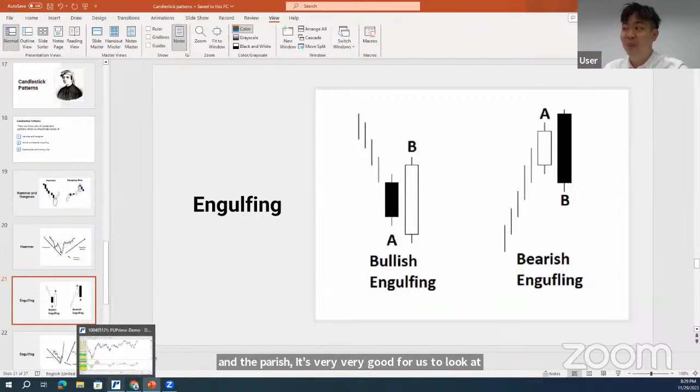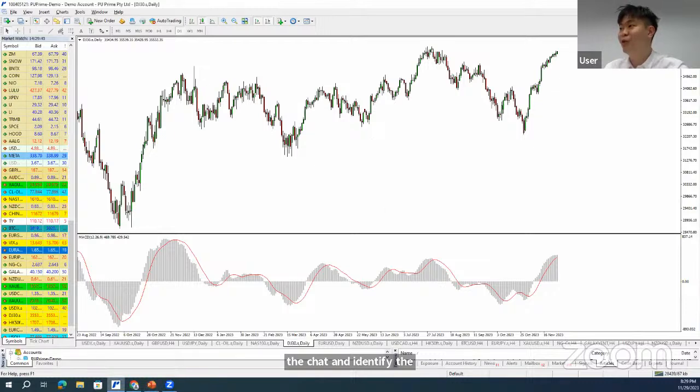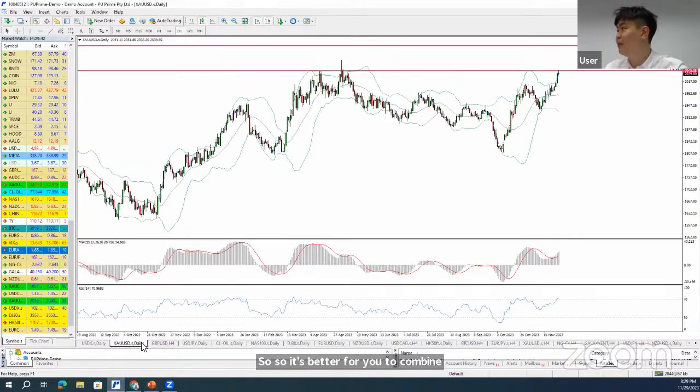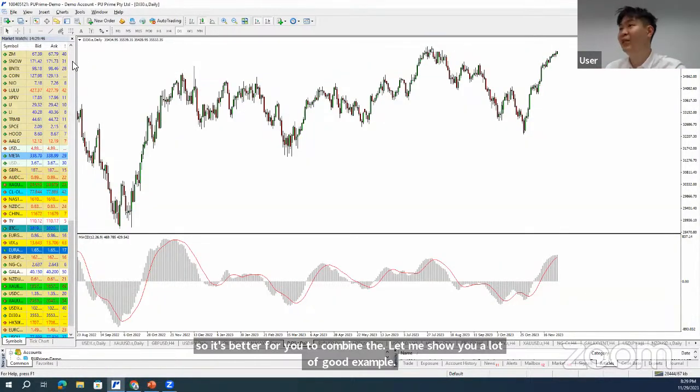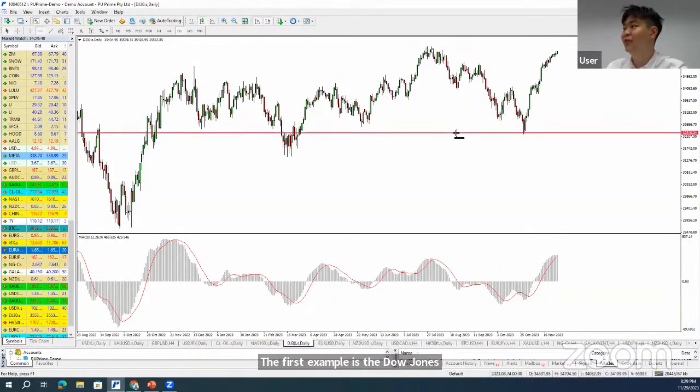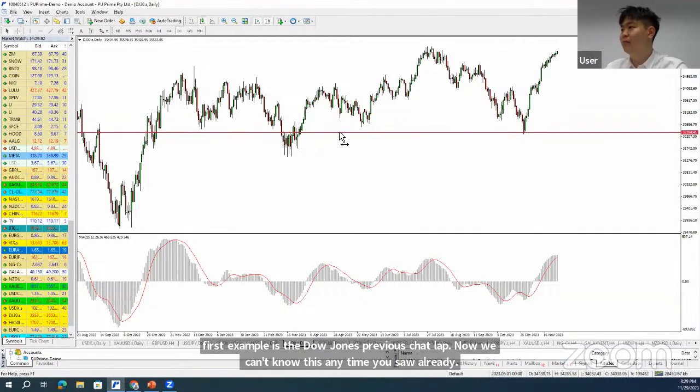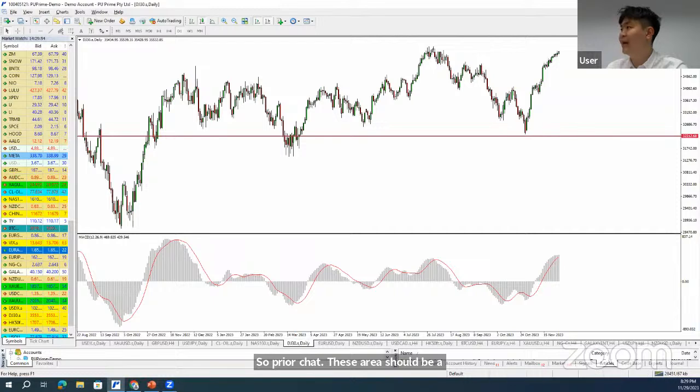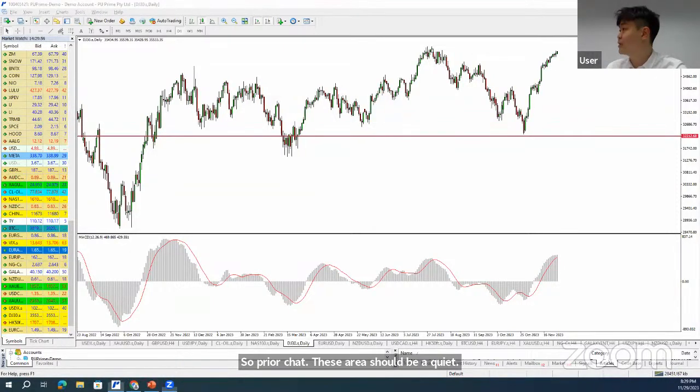So it's better for you to combine support and resistance level. Let me show you a lot of good examples. The first example is the Dow Jones, the previous chart. Now we can't notice any trend reversal. On the previous chart, this area should be quite a support level, I cannot say a very, very good one, but it's a support level for everyone to focus on.